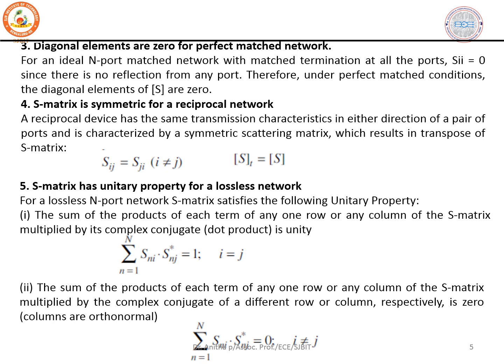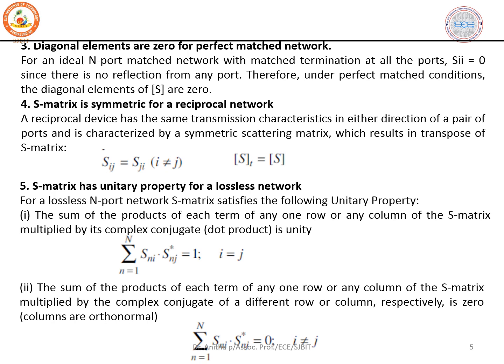If i is not equal to j and it satisfies Sij the same as Sji, you can say that the S matrix is symmetric. Or you can also cross verify by taking the transpose of the given S matrix. If the transpose is the same as the S matrix, it says the device is reciprocal. Okay, so that is about the fourth property.